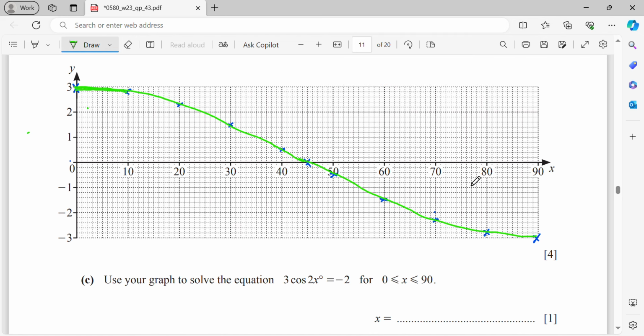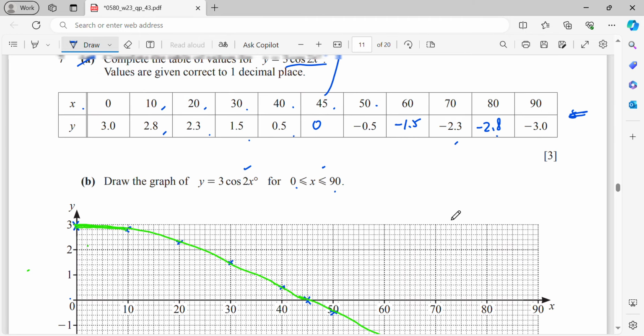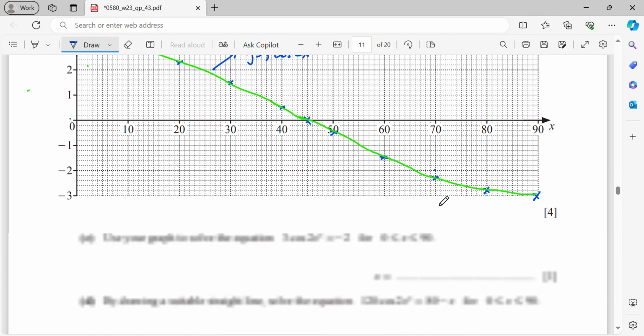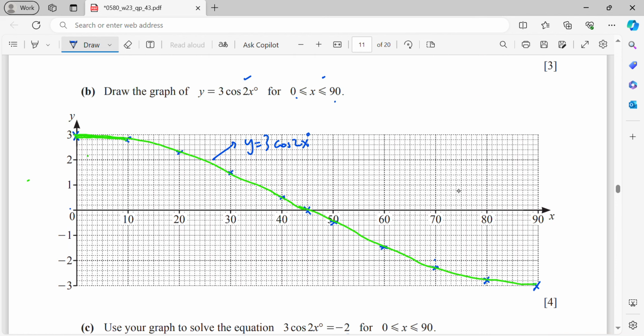Okay, so now use your graph to solve the equation 3 cos 2x equals minus 2. So now you draw a horizontal line at minus 2. This is the minus 2.